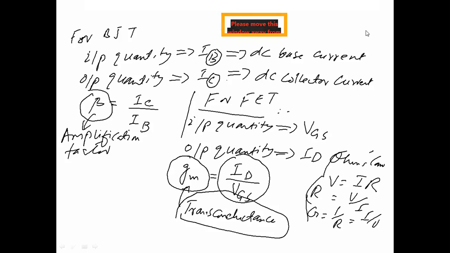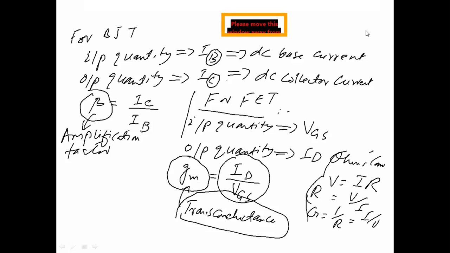So mostly the JFET, depletion type MOSFET and depletion type MESFET are used for amplification purposes. And enhancement type MOSFETs are popular for digital applications.